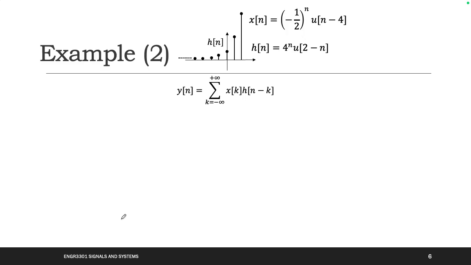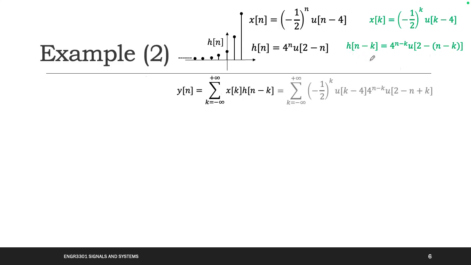This equation, am I right? And then we put x[k], because we need to use k to replace n. So this is x[k], and we need to use n minus k to replace n in h[n]. So we get x[k] and h[n minus k], am I right? Yeah, and then we can have this equation.